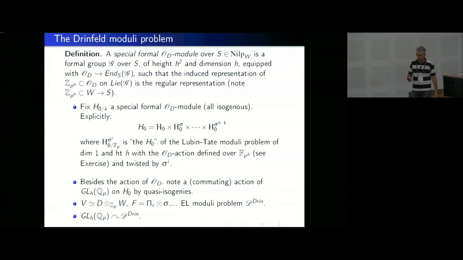So the V would look like D tensor W. It would have the action of D acting on the left, linearly, it would have Frobenius by pi coming from D. Pi, remember, is an element of D acting on the right. So this right action commutes with the left action of D. But of course, this should be a semilinear action. So you should really write pi acting on the right tensor sigma.